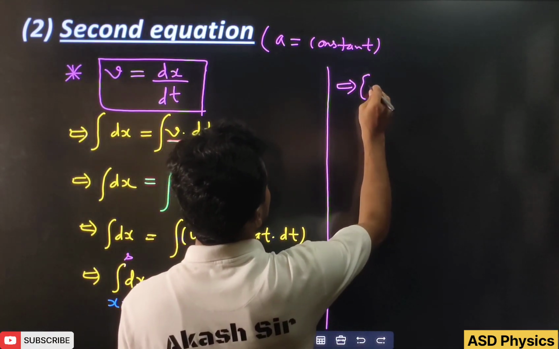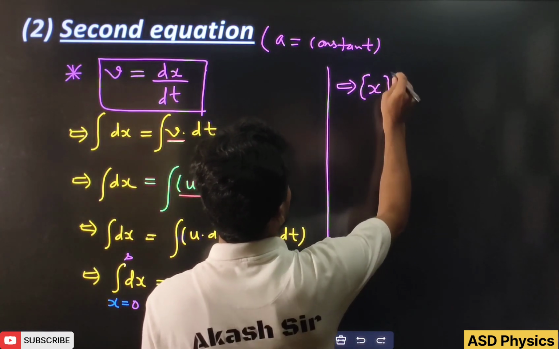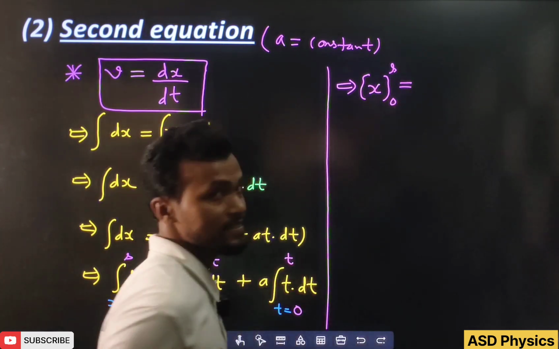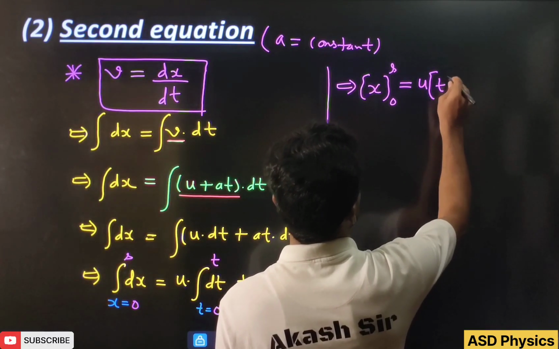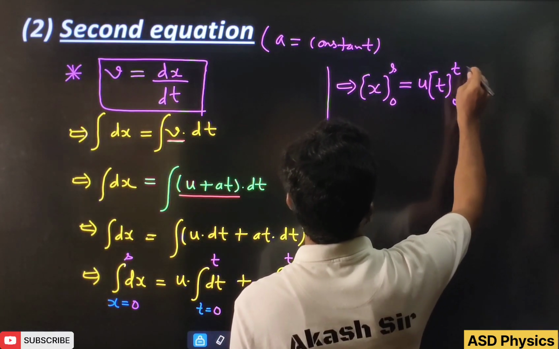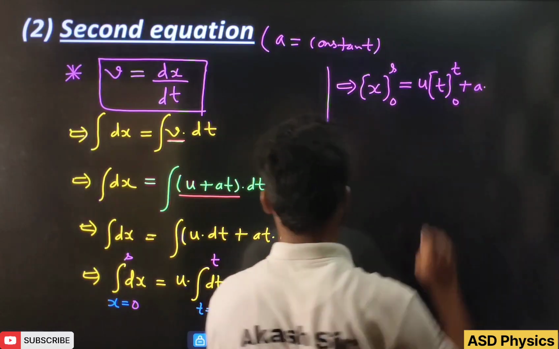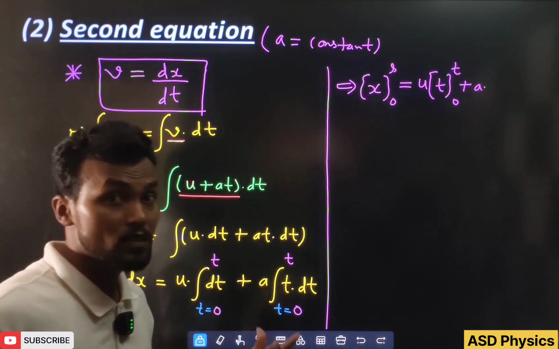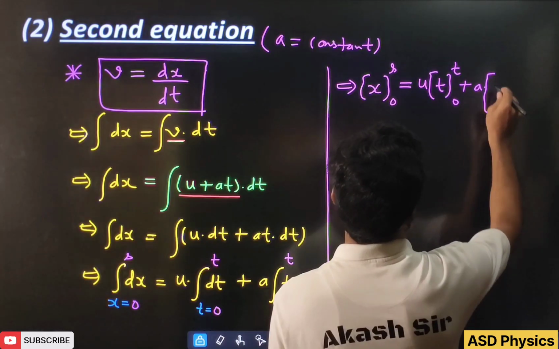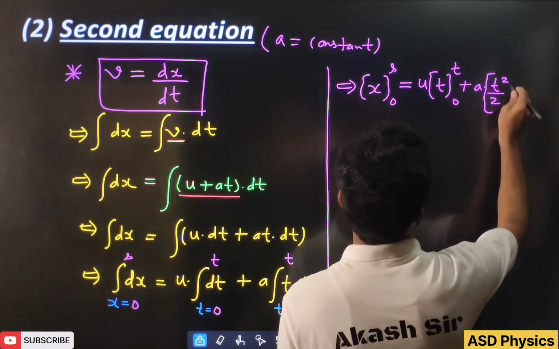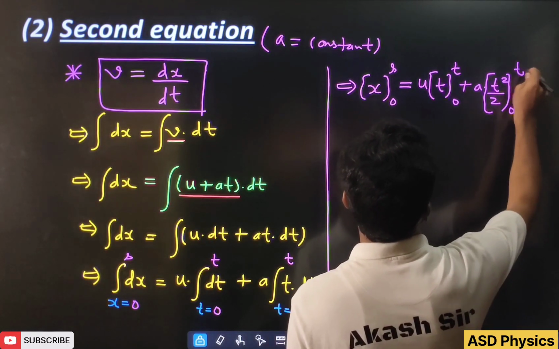Now after that students, we will just simplify this. So integration of dx is x, lower limit 0, upper limit s, is it? Now after that u, integration of dt means t, lower limit 0, upper limit t, now a. Integration of t dt, formula t to the power n plus 1 by n plus 1. Okay, so it will become t square by 2, and limits 0 to t.